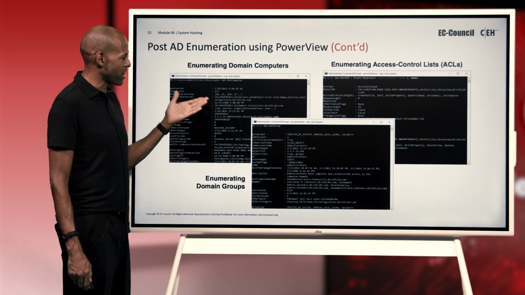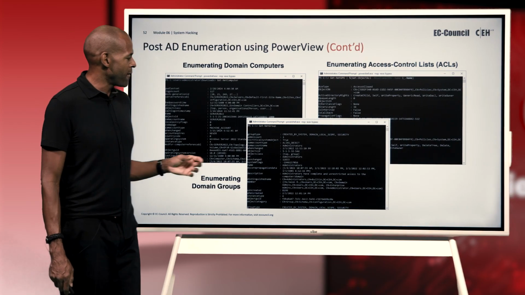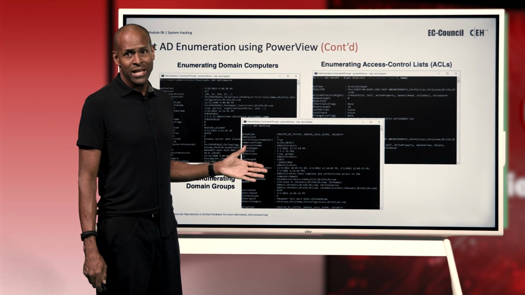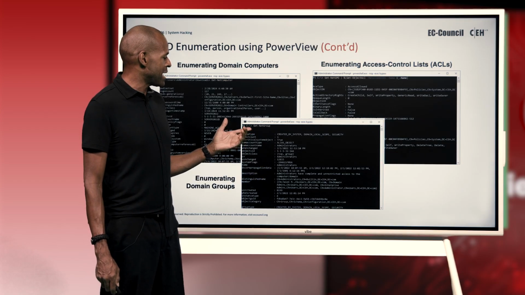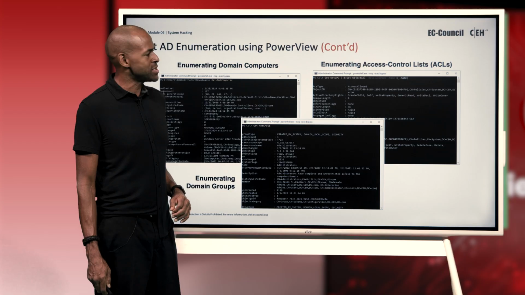If you're connected on the network, it'll dump out information about the system. Over here, if you're on Active Directory, which I would imagine not all of you in this class would be, you could do a Get-NetGroup, and it tells you the groups with which you are associated.